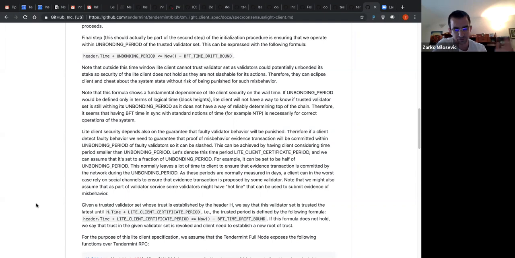The node the light client is talking to can eclipse the light client and send it forked information which does not correspond to the main chain. If this happens just before the unbonding period ends, you don't have enough time to submit this and execute it, and you are essentially not secure at all.